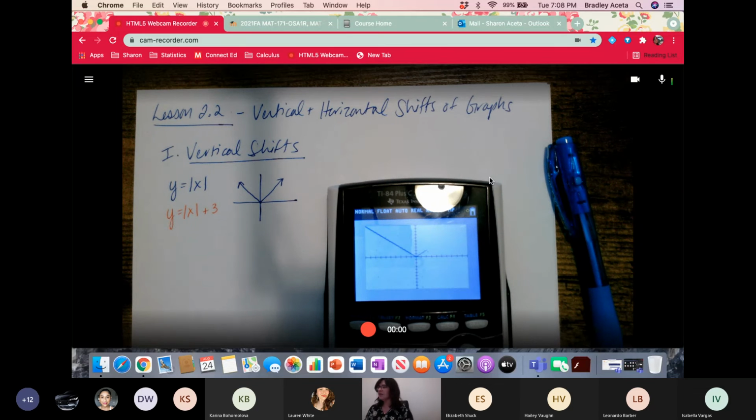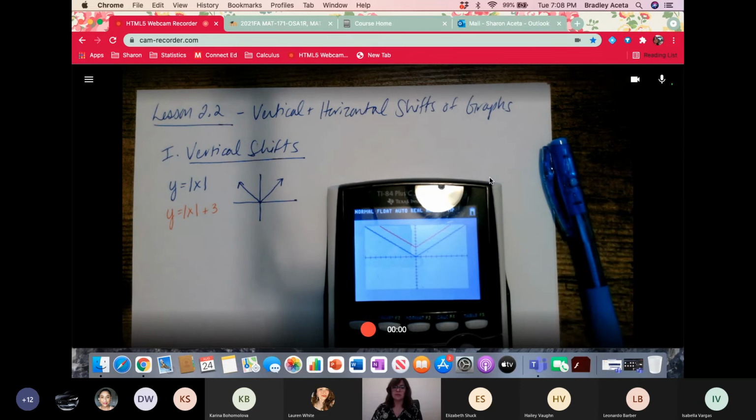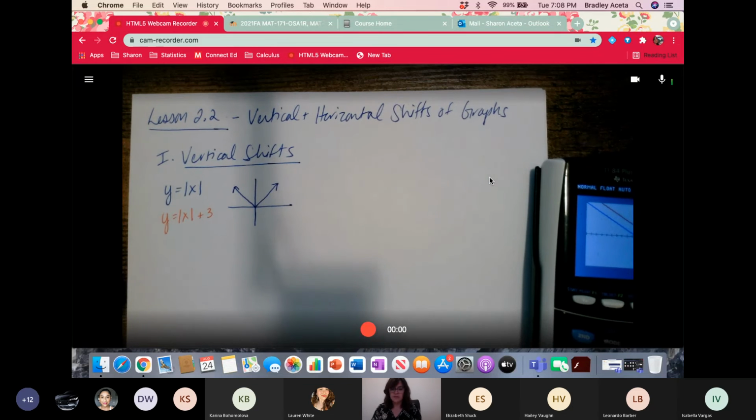So this blue line is your parent. That's y equals absolute value of x. And then the red line, what just happened to the function? Well, it just went up 1, 2, 3 units. And that's a vertical shift.